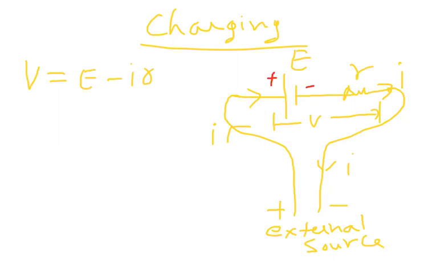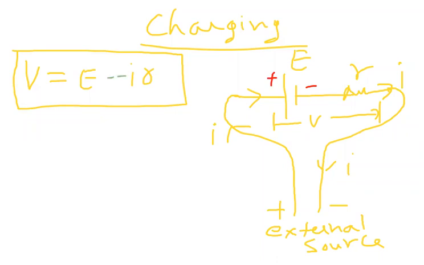Current is flowing inside the cell from positive to negative, in the opposite direction. Current in the opposite direction means we will get V equal to E plus Ir. For discharging, what have you written, beta? Discharging, we have written E minus Ir.